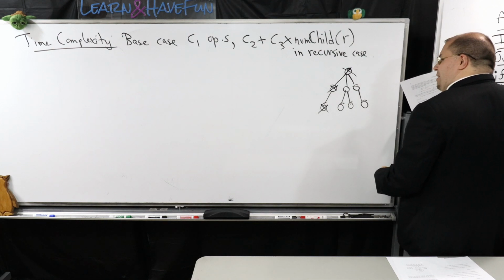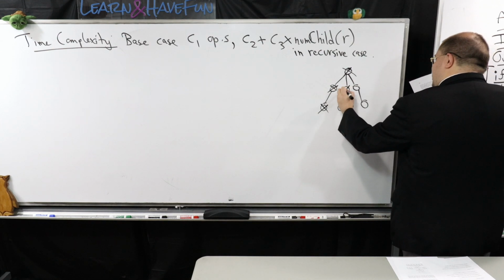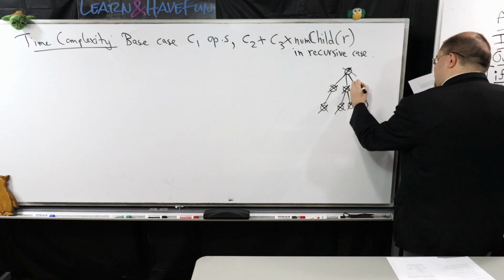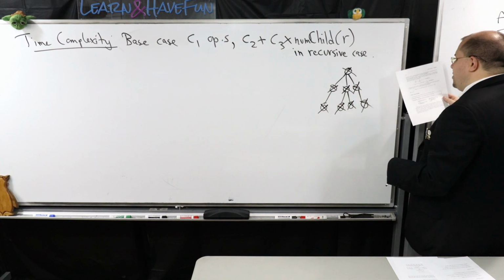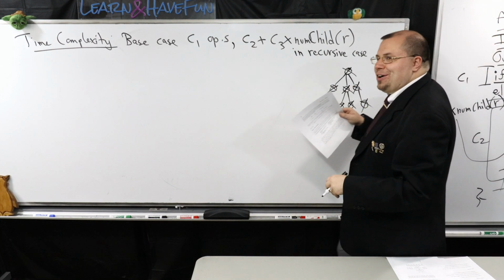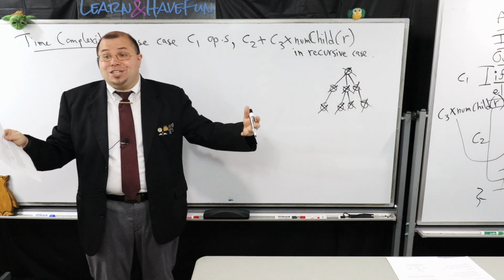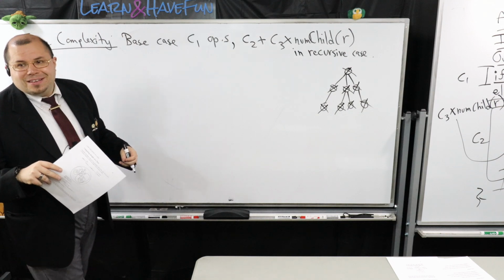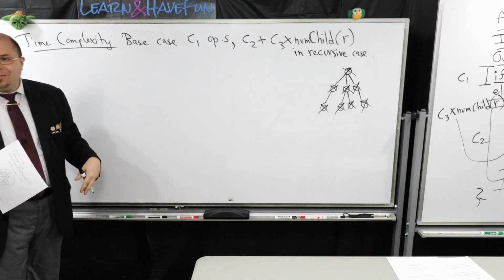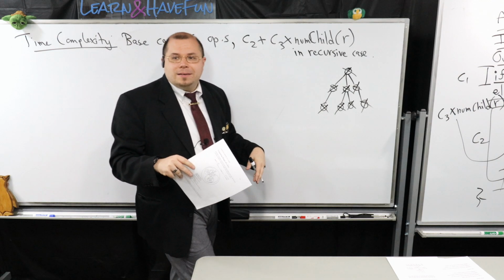It's going to go through each one of the children like this. So what's happening? How many recursive calls actually happen? Well, actually, not just recursive calls, but how many even function calls happen? So in the entire execution of this algorithm, how many calls actually happen then?